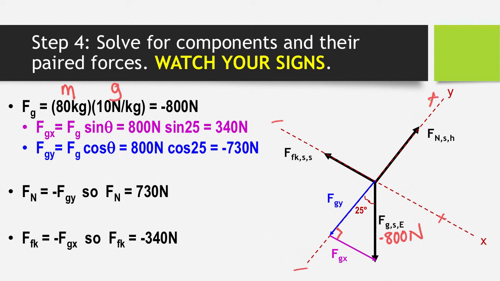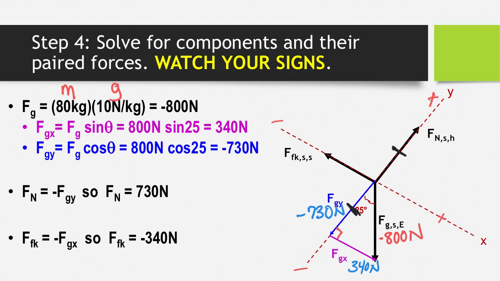Now, once I have those figured out, and give me just a minute, I'm going to fill those in. I have FGX at 340 newtons. I have FGY at negative 730 newtons. Then I just need to look at the rest of my free body diagram. Notice that my normal force is balanced by that y component of the gravitational force, by FGY.